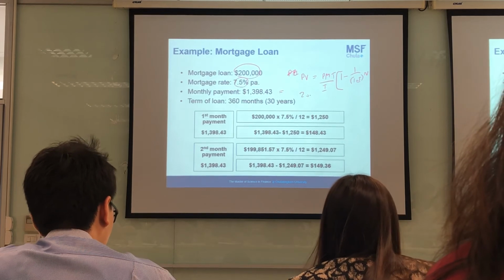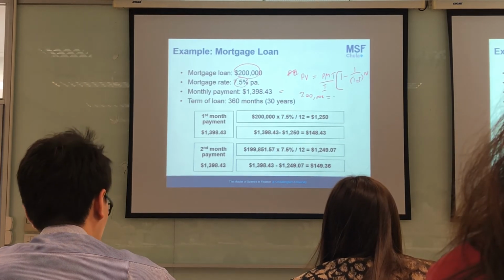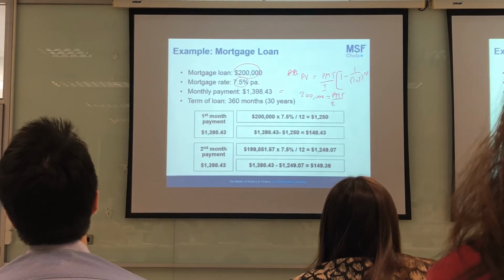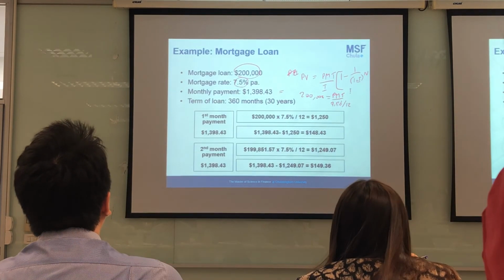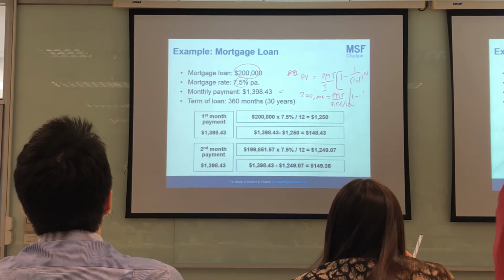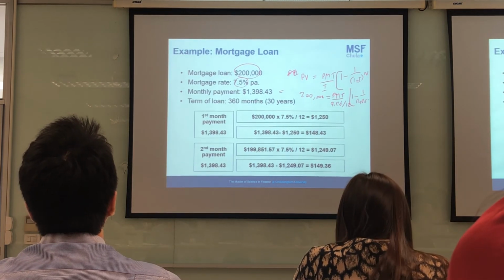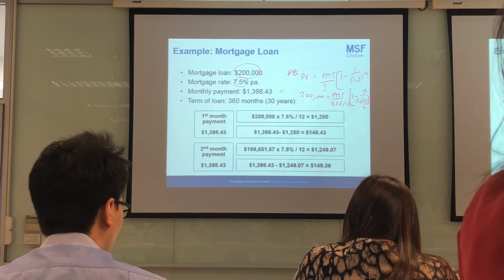So the present value right now is 200,000, equal to the PMT, the unknown variable, divided by I, 7.5% divided by 12, times 1 minus 1 over 1 plus 7.5% divided by 12, to the power of 360.